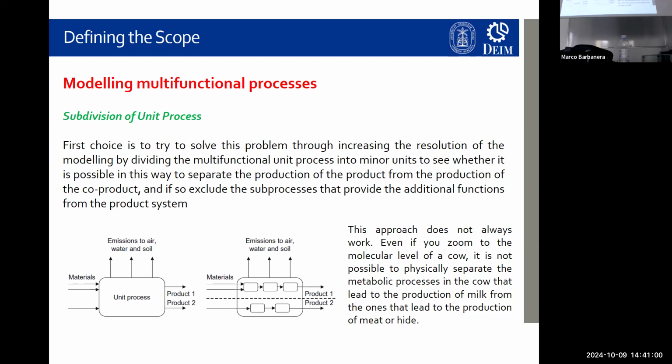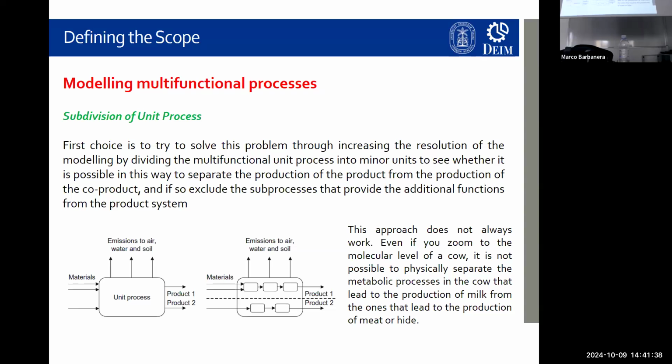And in order to divide the environmental impacts between the main product and the byproduct, we have different strategies according to the ISO standard. The first one is the subdivision of unit process in order to find which sub-processes are related to our main product and which sub-unit processes are related instead to the byproduct.